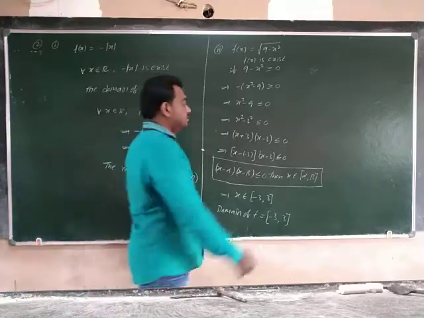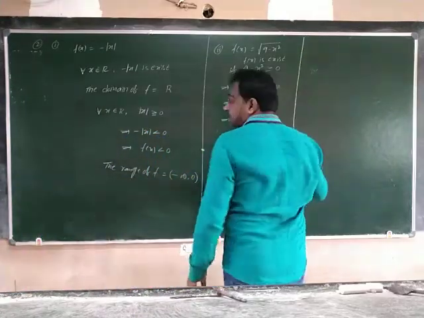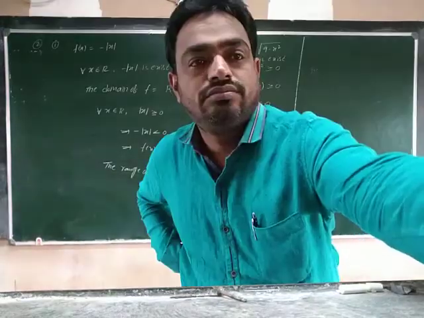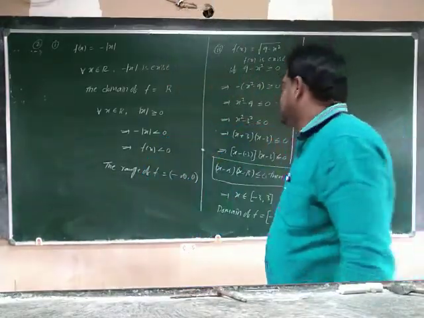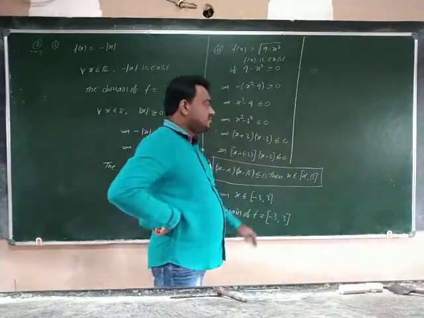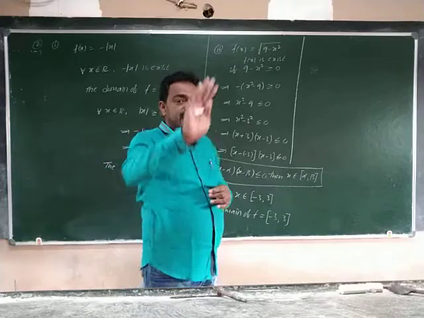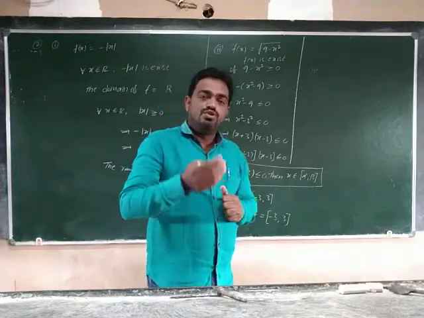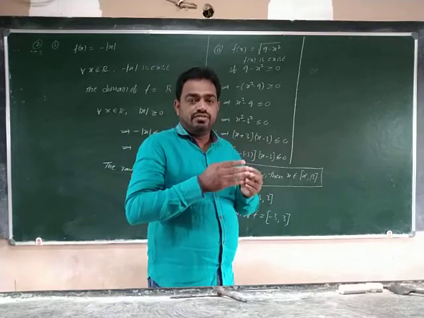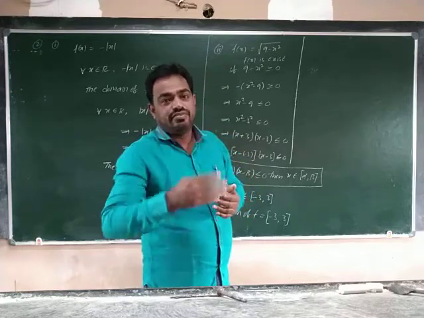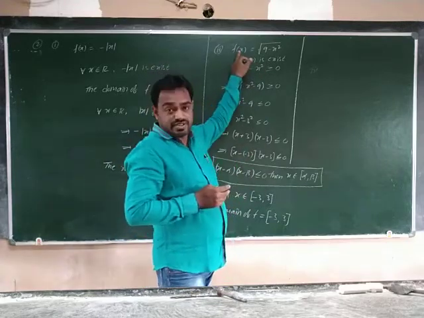Next, the range. We are finding the range. These are the domain values. So how we get the range depends on the domain. Based on our substitutions, we get the function values, f of x values.